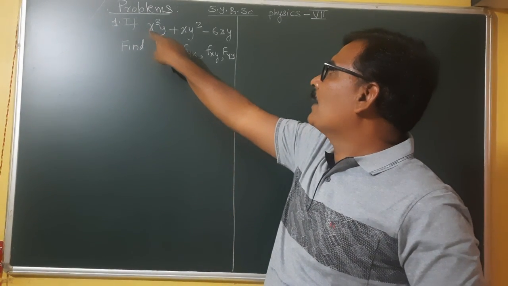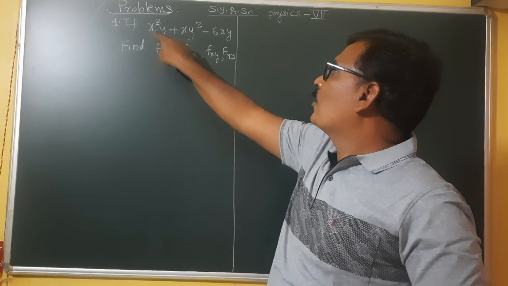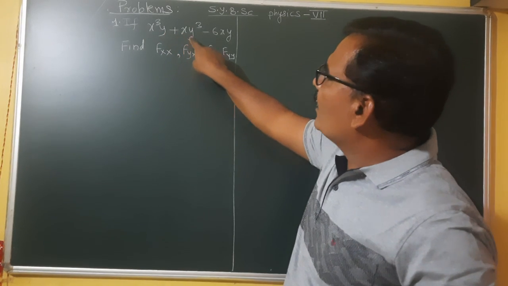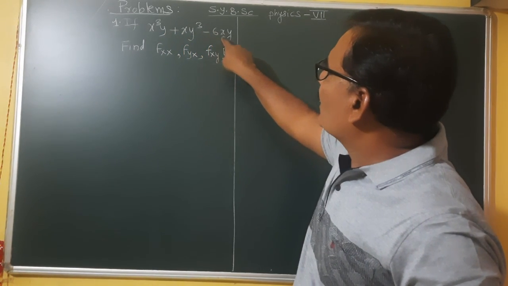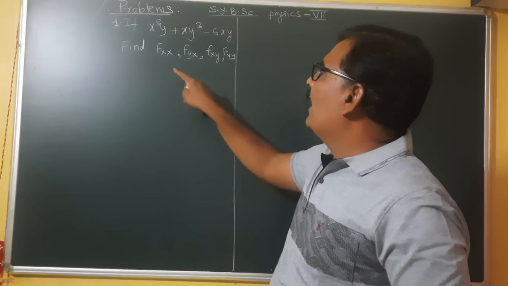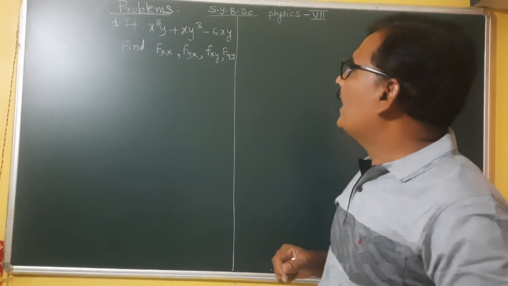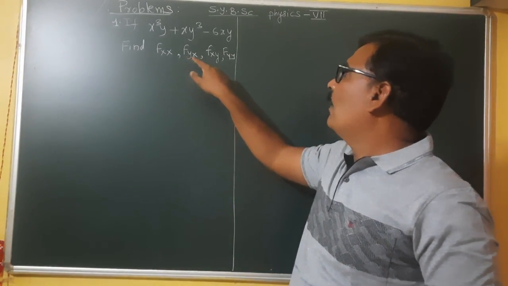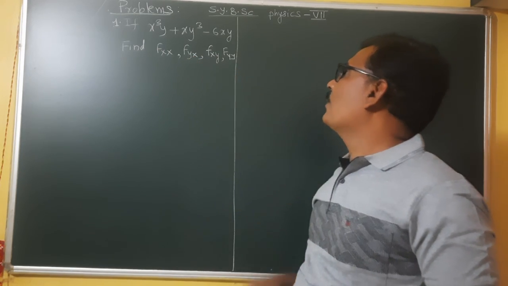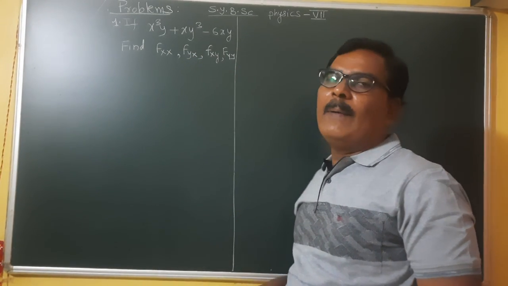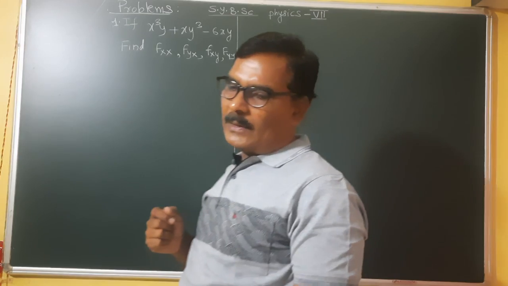The given function is x cube y plus x y cube minus 6xy, and from that we have to find f of xx, f of yx, f of xy, and f of yy. These are the targets for this problem.